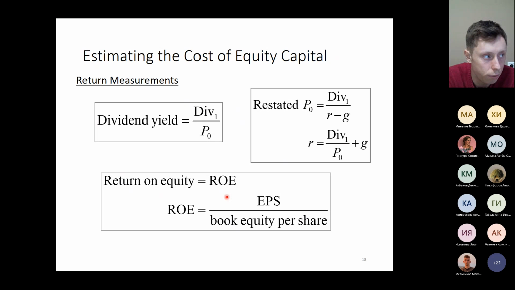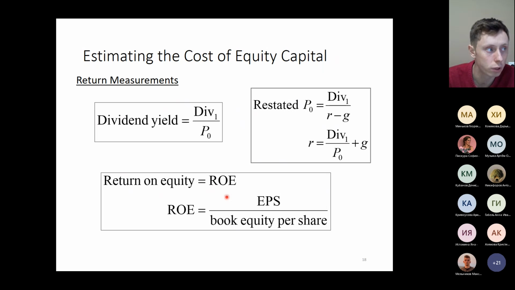Every period the firm earns money on its assets, but in order to grow, the firm has to reinvest money back into the firm.